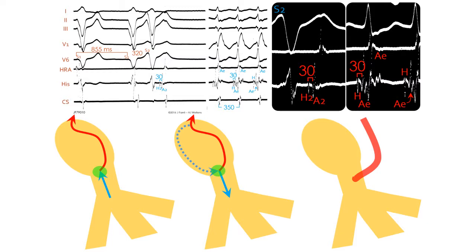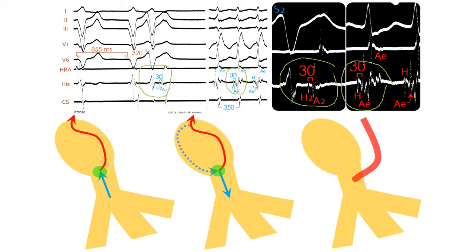In this screen, we show tracings from the same patient discussed on the previous slide. We see that the H2-A2 interval during programmed ventricular stimulation, 30 milliseconds, is identical to the HA interval during the atrioventricular reciprocating tachycardia.